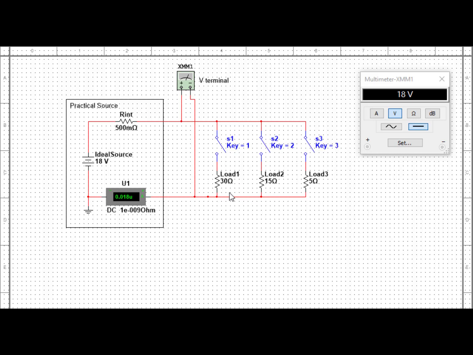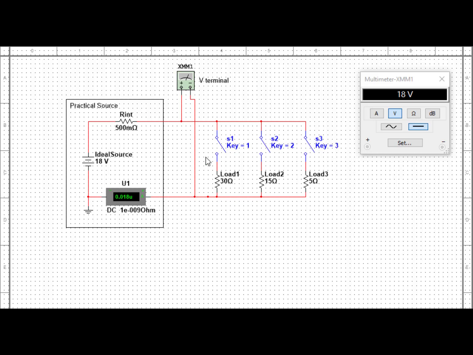So in this case, even though this looks like a parallel circuit, and if I was to close more than one switch, it would become a parallel circuit, I want you to realize that with me just closing one of these switches at a time, this is our simple series circuit example. We have R internal in series with one of these loads, depending on which switch I turn on.